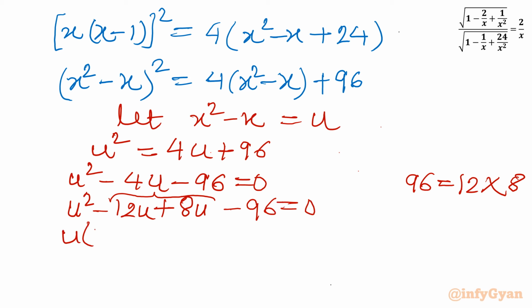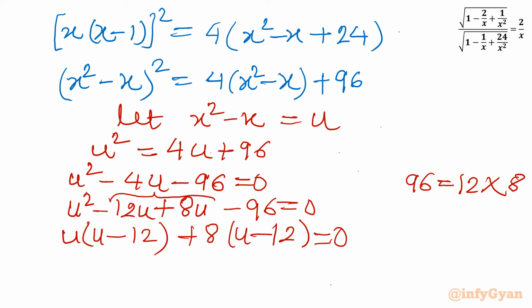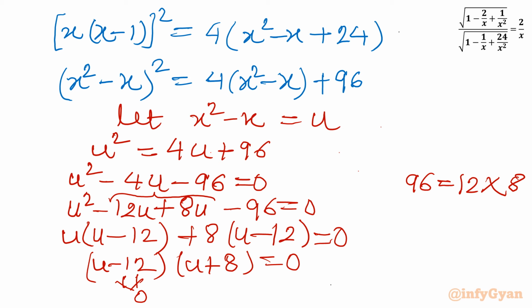Take u common, so u times (u minus 12), and take 8 common, again we will get (u minus 12) equal to 0. The conclusion is (u minus 12) times (u plus 8) equal to 0. So once u minus 12 is 0, we get u equal to 12, and when u plus 8 is 0, we get u equal to minus 8.